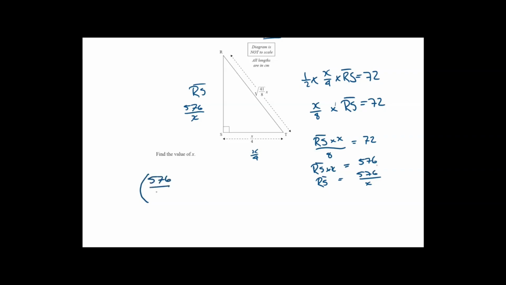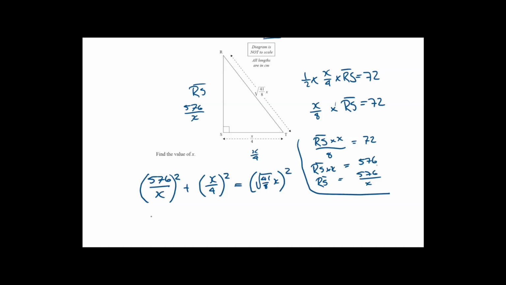Okay, so we know that (576 over x) squared plus (x over 4) squared is going to equal (41 over 8 x) squared. Put a little line there. So let's expand out the brackets.